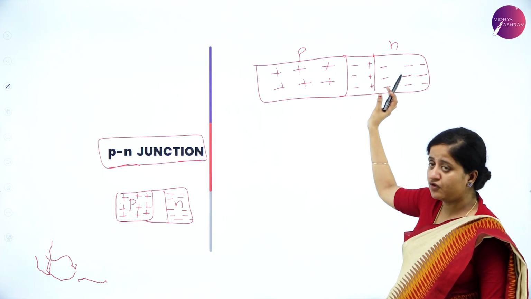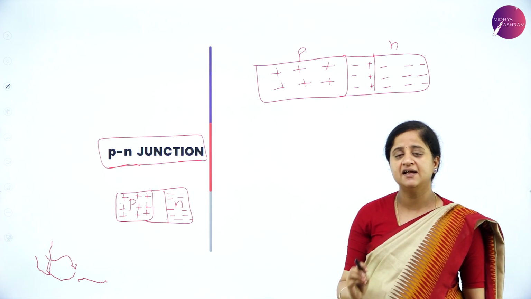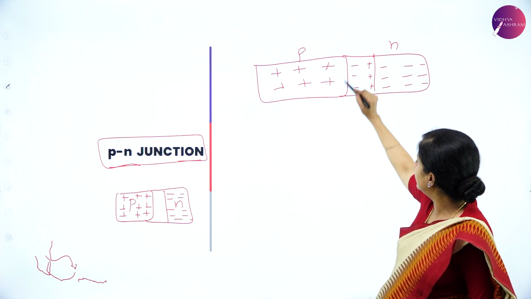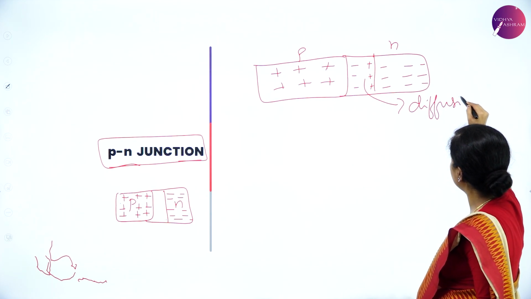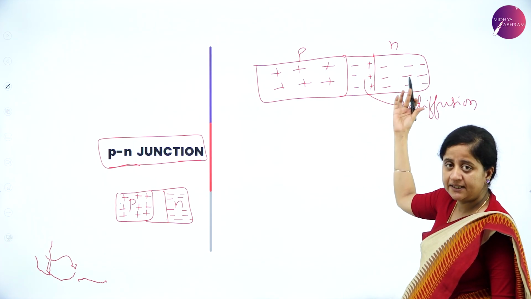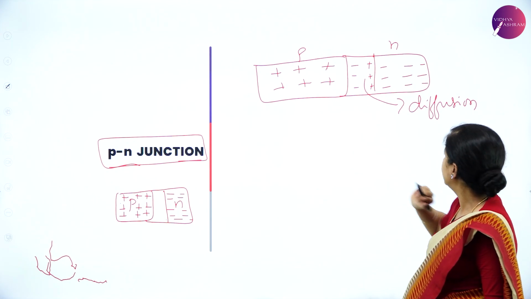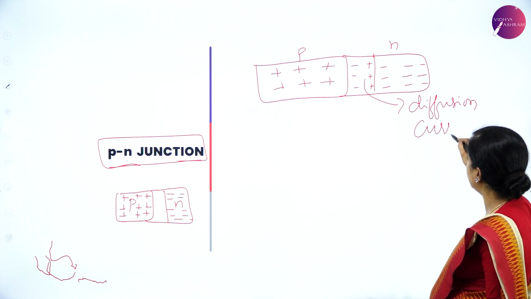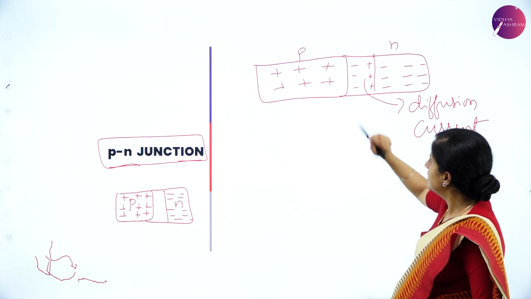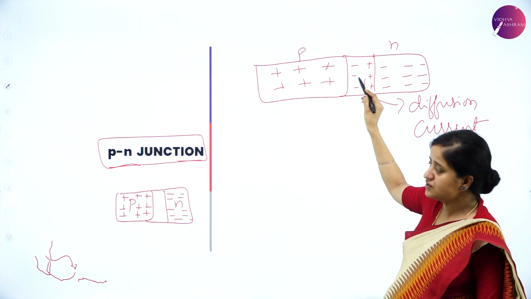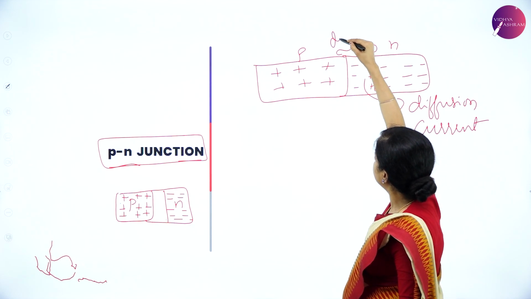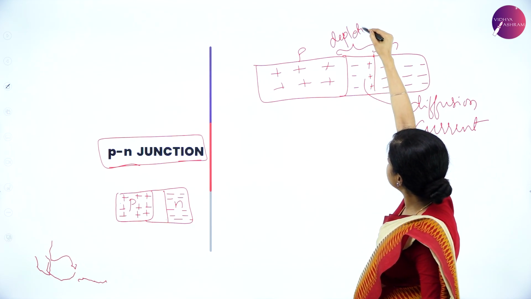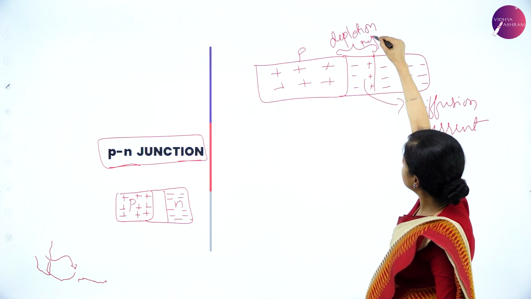During this movement of charges, a current is created, which we call the diffusion current. It is the current due to diffusion of charges from p to n and n to p region. These charges diffuse and become immobile in a region called the depletion region.